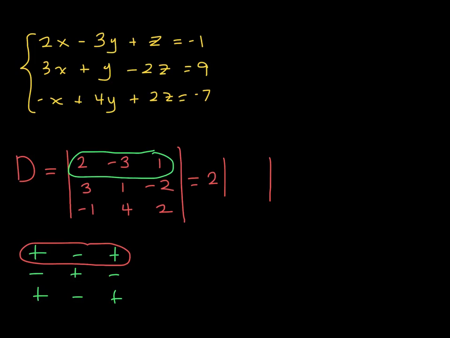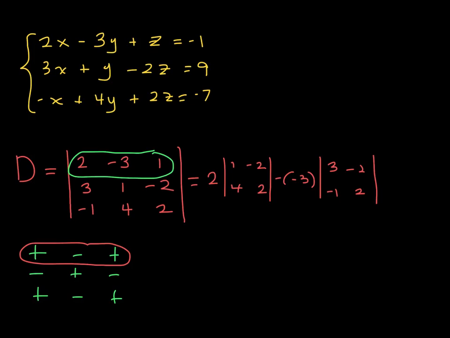According to the array of signs, we'll be subtracting next, and we'll be subtracting negative 3 times the determinant of the 2 by 2 matrix found by eliminating the row and column containing negative 3. So eliminating that column and that row gives you 3, negative 2, negative 1, 2.